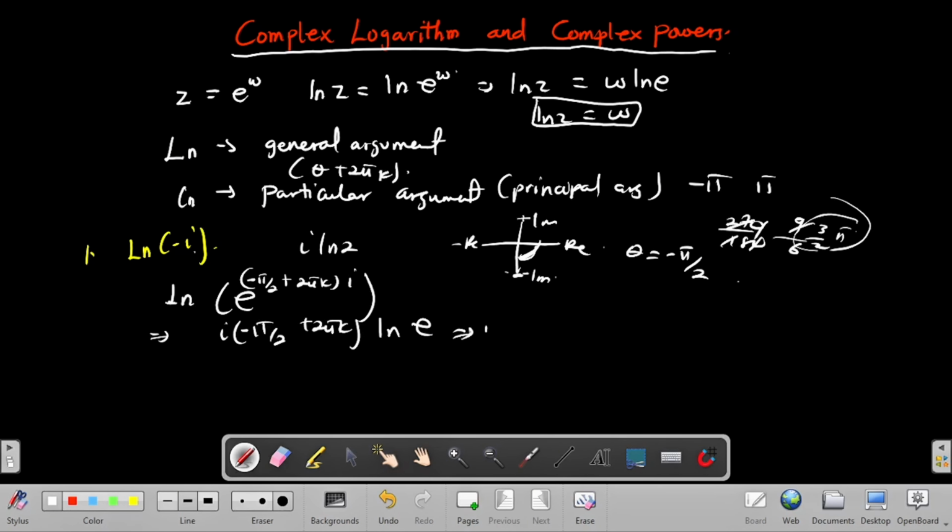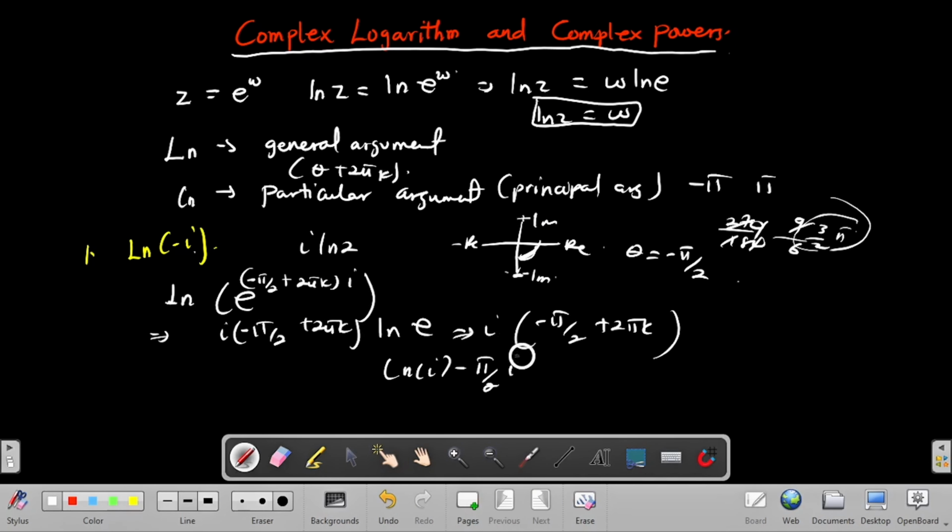So how do we find a particular solution for this? So the principal value for this particular problem, which will be ln i, let's say the one principal value is simply going to give us what? A negative pi on 2. Is that not it? Negative pi on 2. So we are going to have negative pi on 2 i.